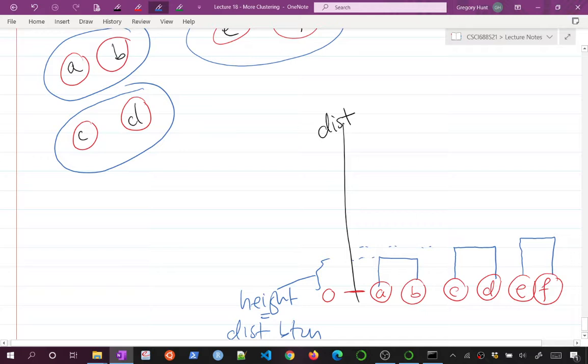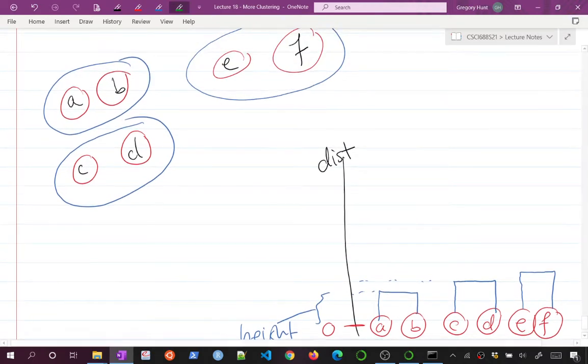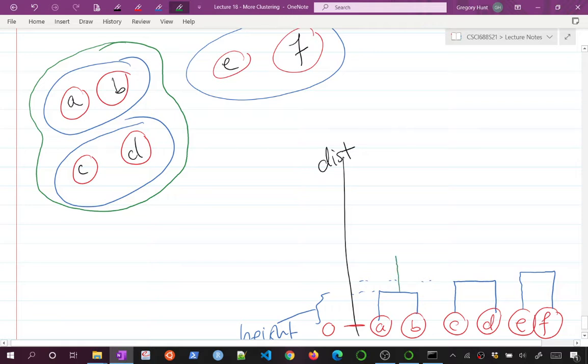Okay. And then I merge again, and I say, okay, maybe, by whatever distance metric, the AB and the CD cluster are close, and they have some distance, either single, complete, or whatever. And I'll draw that on my chart.